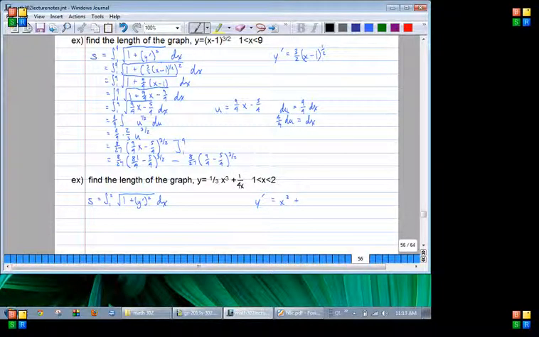So what's the derivative of that? Negative x to the negative 2. Right. So what you actually have is 1/4 x to the -1. So what's the derivative of that? Negative x to the -2, and then with the 1/4 still in front.